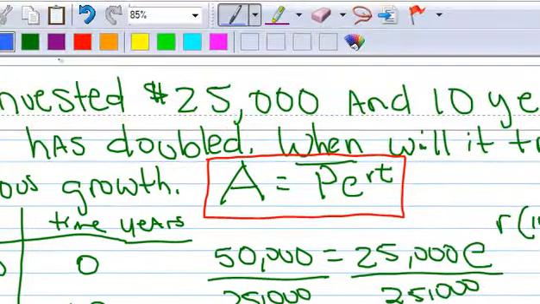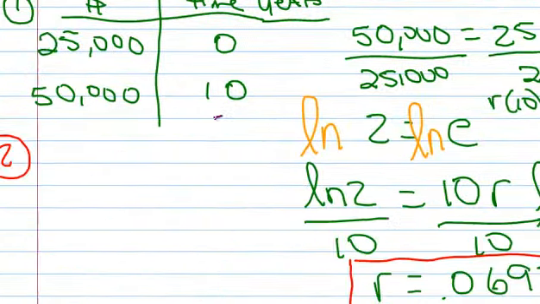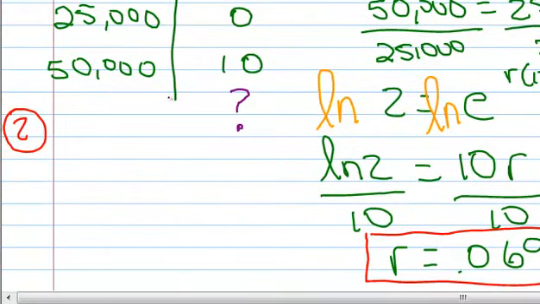So let's go back to our chart here a minute. When is a time, so I'm solving for time. And if I want to know tripling, well, $25,000 tripled would be $75,000.